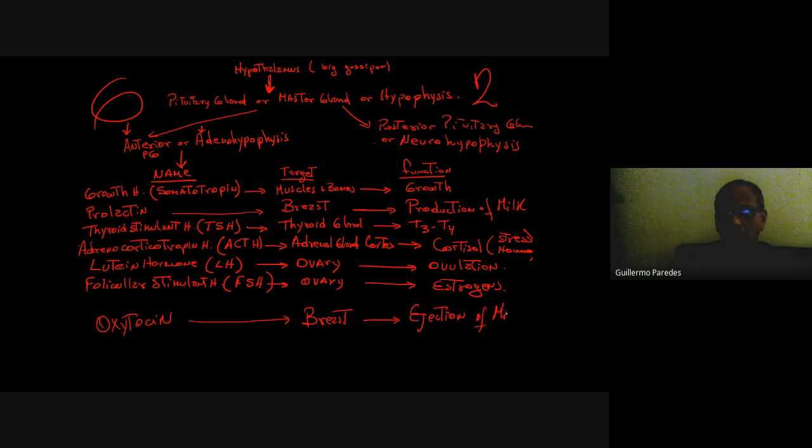Okay? You got it? The other function of the oxytocin, it has 2 target organs. The oxytocin is going to stimulate the uterus. And what is going to happen with the uterus is uterine contraction. So basically the labor.